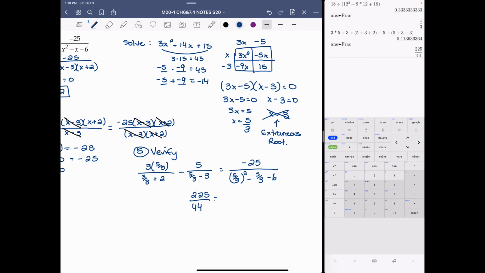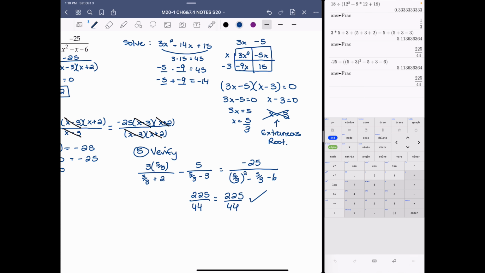Let's check if the right side is equal to that. Negative 25 divided by, brackets for the denominator, brackets for the 5 over 3, close bracket, then squared, minus 5 over 3 minus 6, close bracket on the denominator, enter, math, enter, enter, 225 over 44.